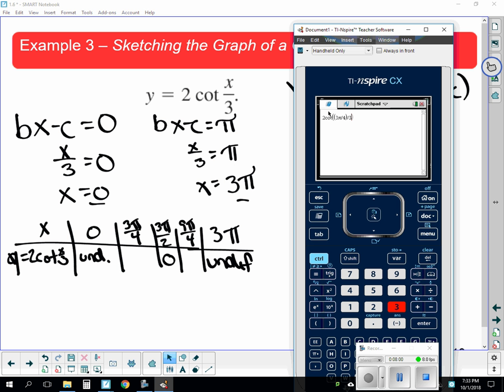And make sure you're taking the cotangent of all of that. So you don't want to end your parentheses and then divide by 3, or else you would be dividing the whole 2 times cotangent. We want to take cotangent of this divided by 3. So you need to make sure that your divided by 3 is part of what you're taking cotangent of. And hit enter, and we get 2.